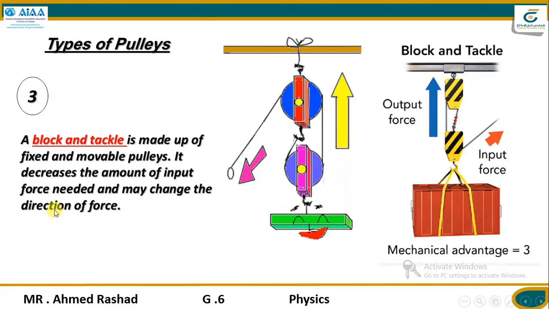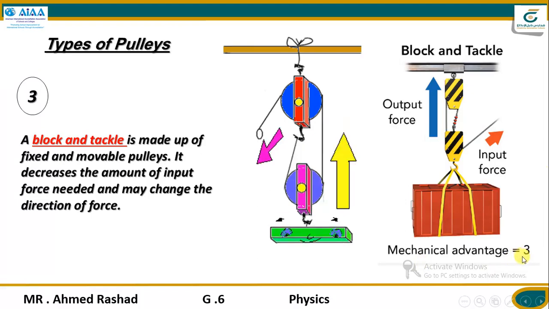So here, kind number 3 of pulleys is made up of two pulleys, number 1 fixed and number 2 movable, and it changes the direction and the amount of input force and output force. We can calculate the mechanical advantage here as 3.